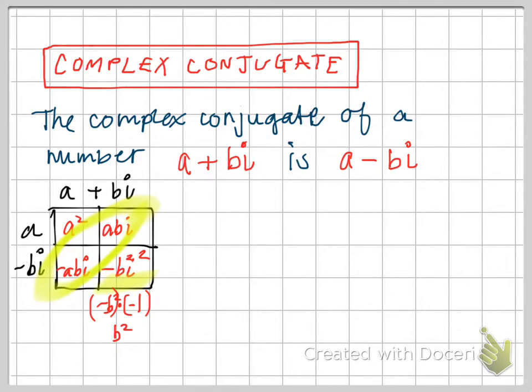So those are actually just going to cancel out, because if we actually add everything up, I get a squared plus abi minus abi plus b squared.